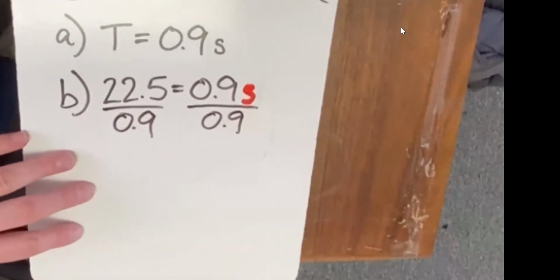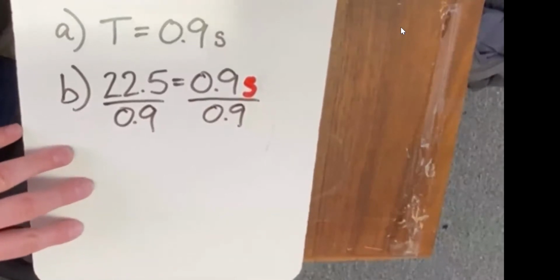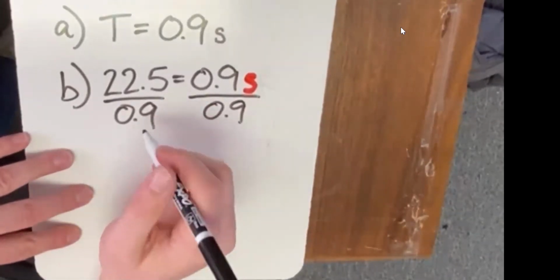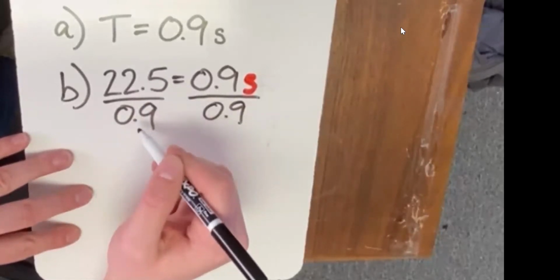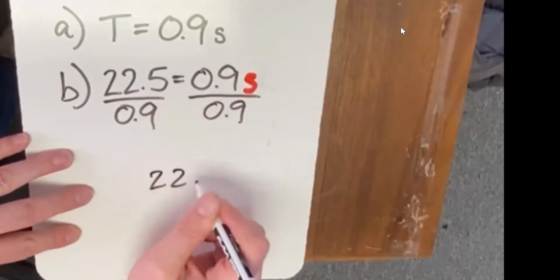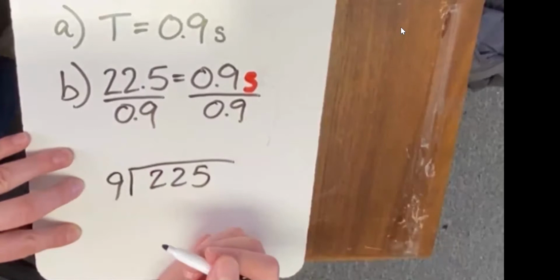This goes back to what you guys did last year. Our divisor needs to be a whole number. So I'm going to multiply both the 22.5 and the 0.9 times 10. That's going to give me 225 divided by 9.